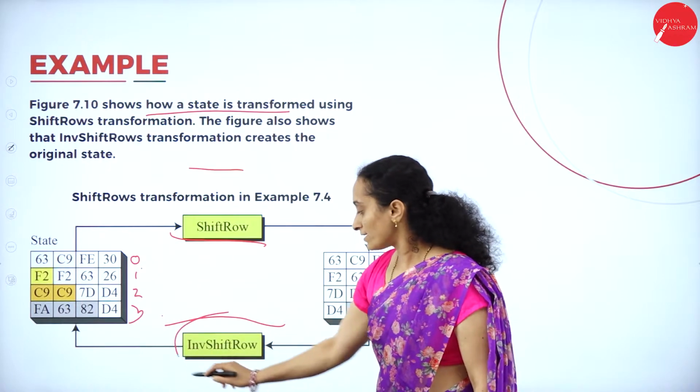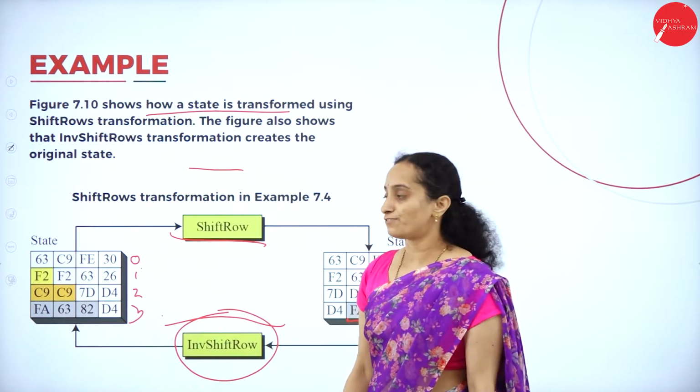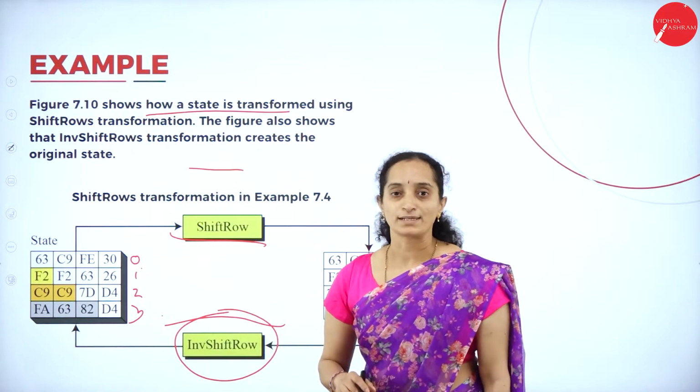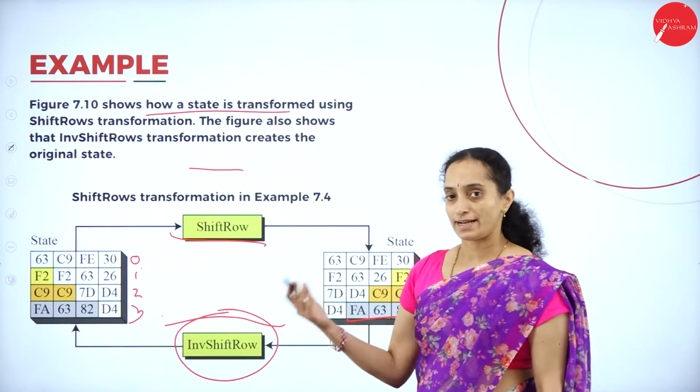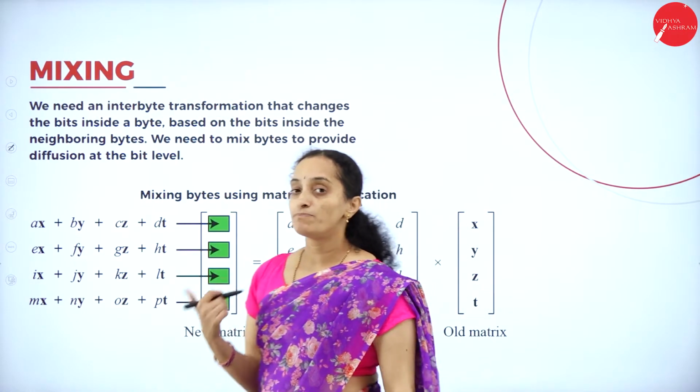Whereas InvShiftRows performs exactly the reverse of ShiftRows by shifting them back to the right position. Alright.